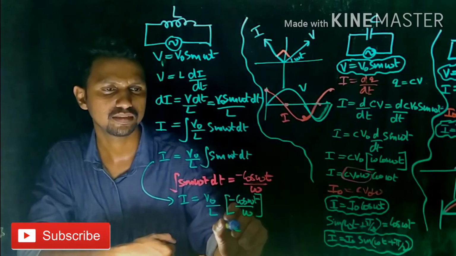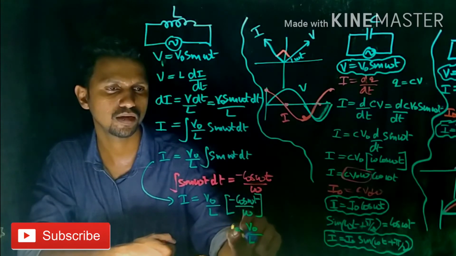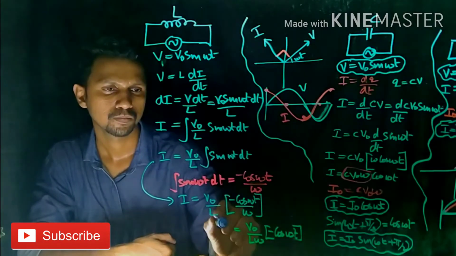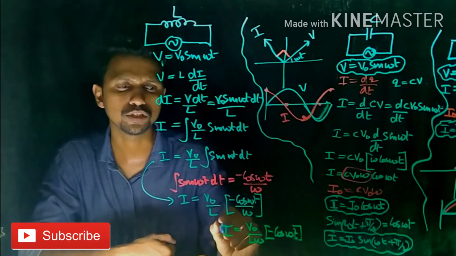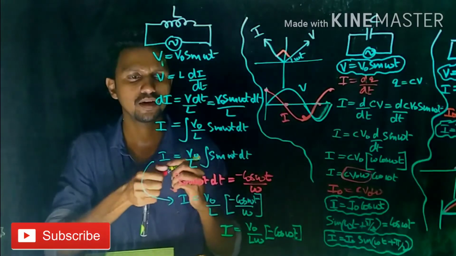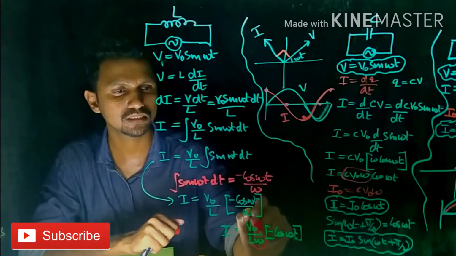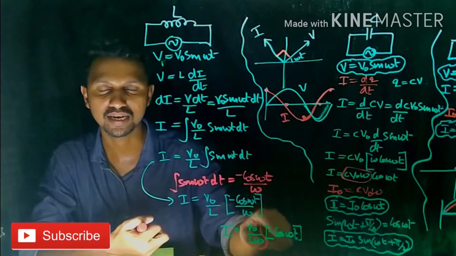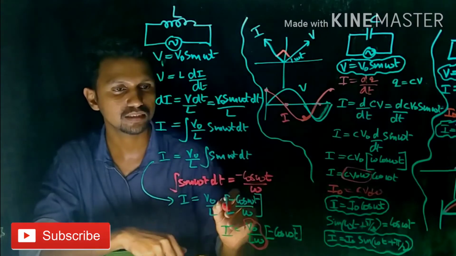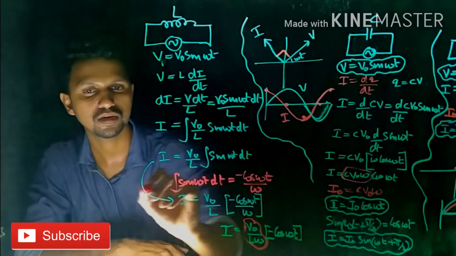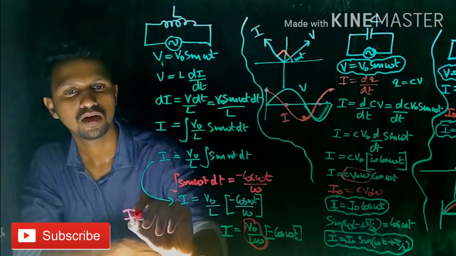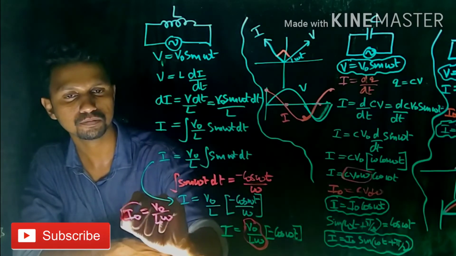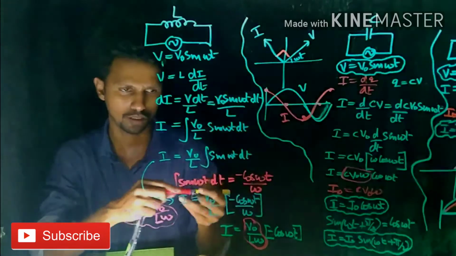Therefore, I substitute for current: I = V0 by L times the integral of sin omega t dt, which is minus cos omega t by omega. It could be written as V0 by L omega into minus cos omega t. In this equation, V0 by L omega is a constant, the maximum value the current can attain. Therefore, the peak value of current I0 is equal to V0 by L omega. This is the expression for the peak value of current in an inductor only circuit.